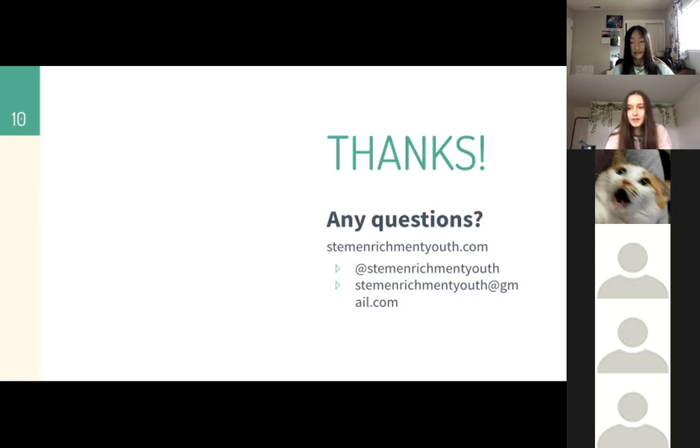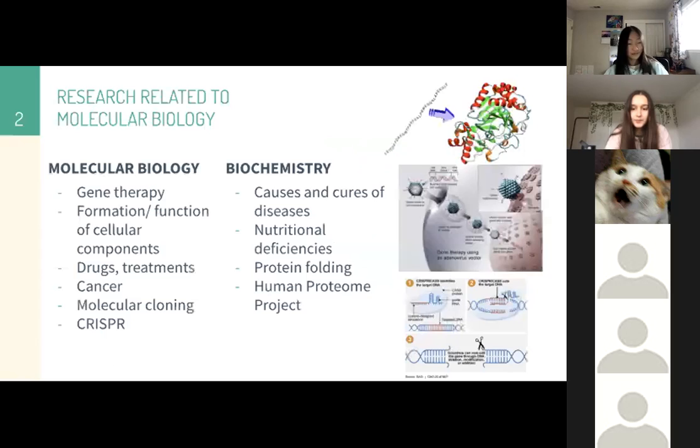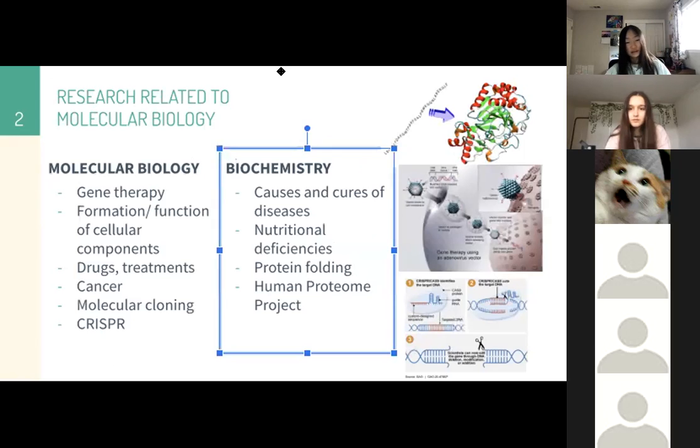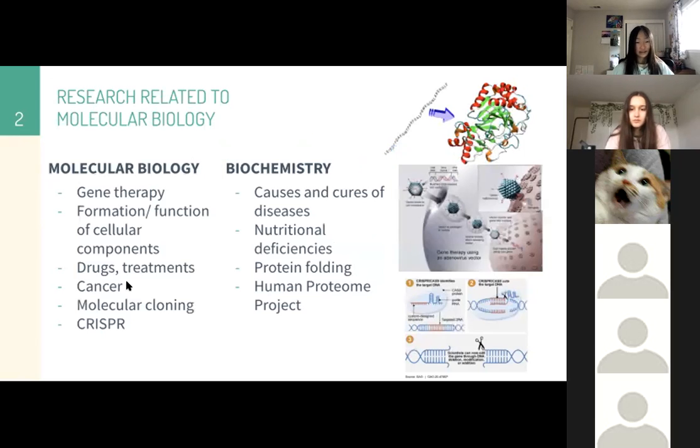Oh, okay. Yeah, we can do a recap. So first we went over the two fields of molecular biology research: molecular biology and biochemistry. Molecular biology is more related to molecules, like gene therapy, drugs, cancer, and molecular cloning.